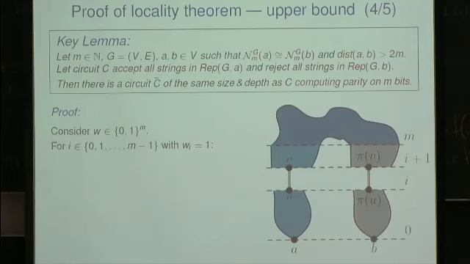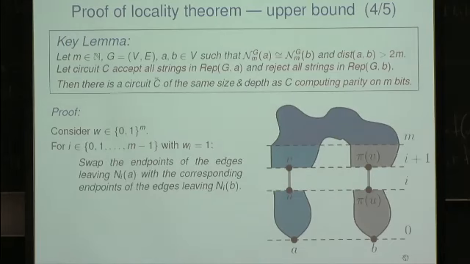And what you do is, if your ith input bit is 1, then you just swap the edges. So what does this swapping mean? Since everything is isomorphic here, you just move this from left to right to remove the crossing here. And we have swapped the roles of A and B here.